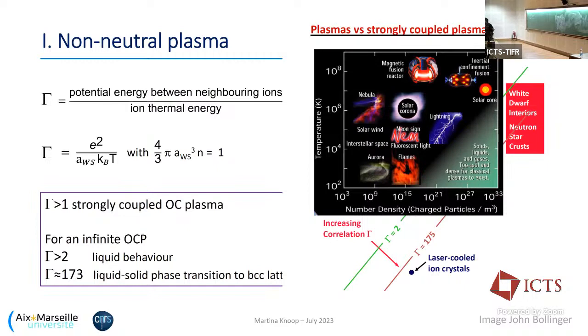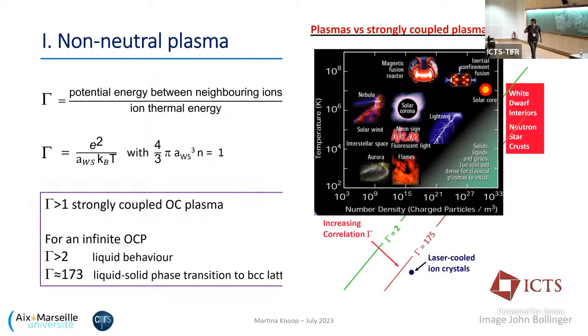The only thing I introduce here is the Wigner-Seitz distance. I will not go into the Wigner crystallization, which is very similar to the crystallization of the ions in that trap, but there are some differences. But we can talk about that later. It's a special case.